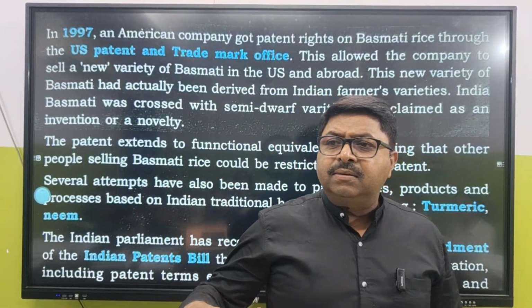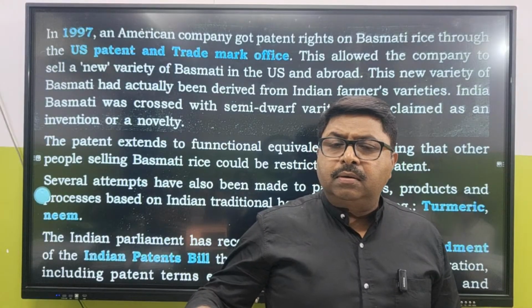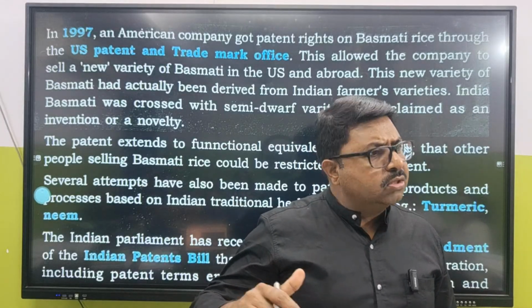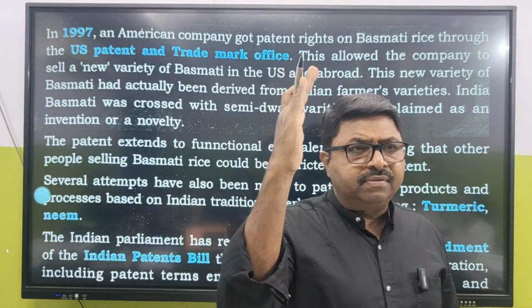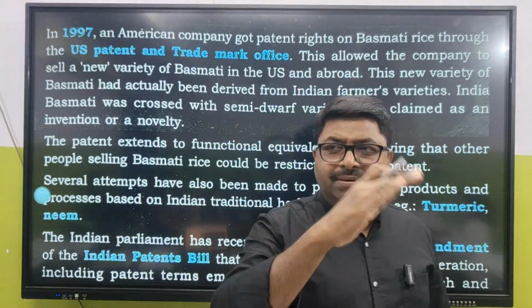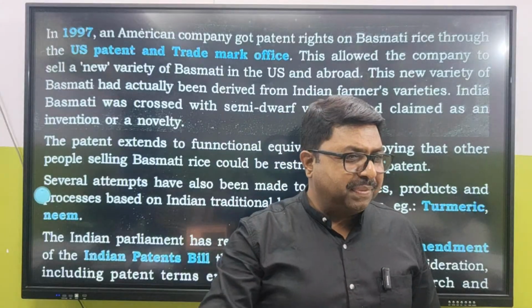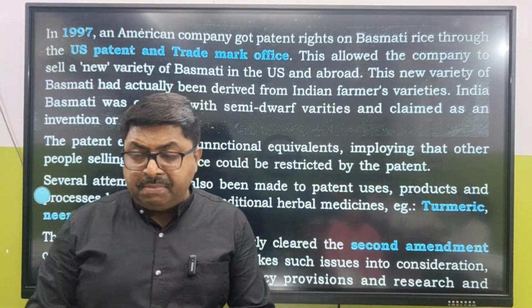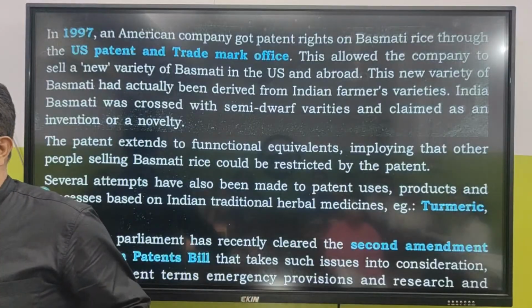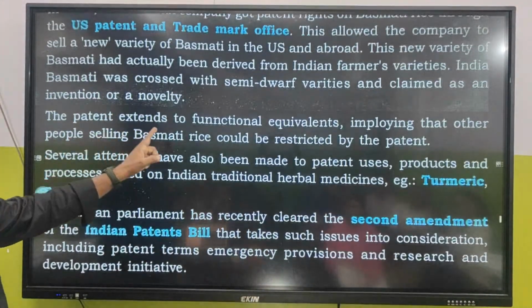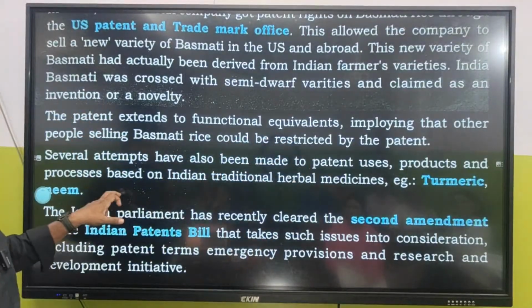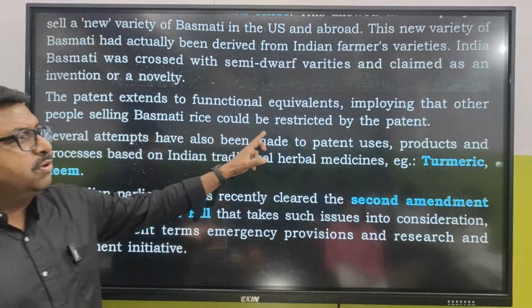Is it good or bad for the paddy field? If it is too tall, what is going to happen? They will droop down. The semi-dwarf has more lateral branches, so it holds more rice, more paddy. The patent extends to functional equivalence, implying that other people selling basmati rice could be restricted by the patent.